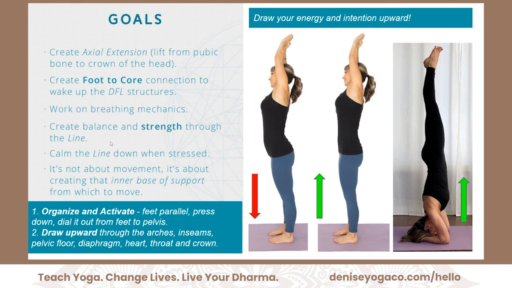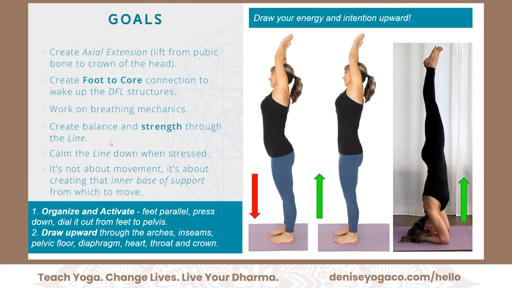So what I would say, on a practical basis, you're organizing and activating: feet parallel, press down, dial it out, and really activate through the legs from foot to core, and then draw upward. So you can kind of two-part it. When you're teaching organization and activation to students, you might want to just for a few weeks work with organization and activation, just get them to turn on their lateral and spiral lines until they're really feeling that, and in various postures, and then start drawing their attention to working with arches of the feet, inseams of the legs, whenever they seem ready for that.